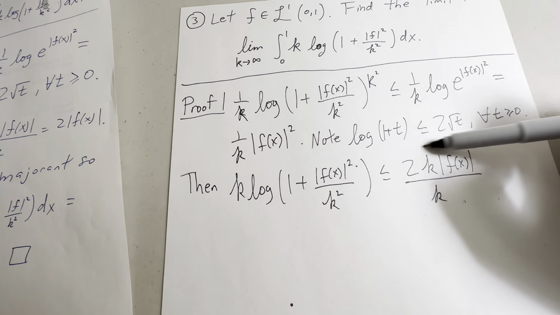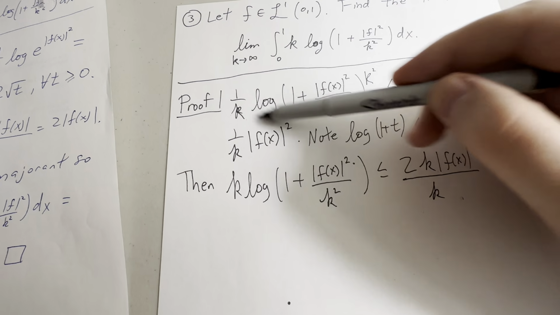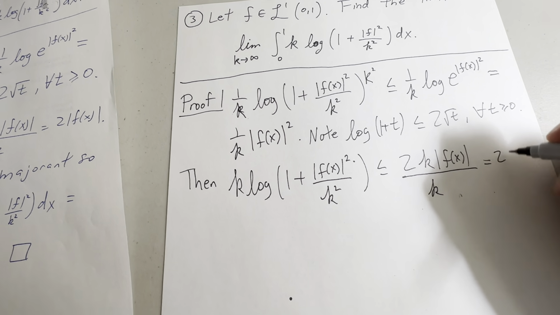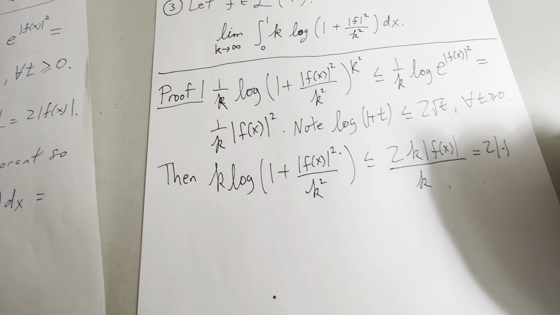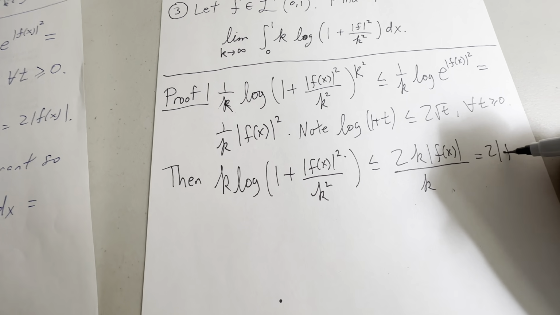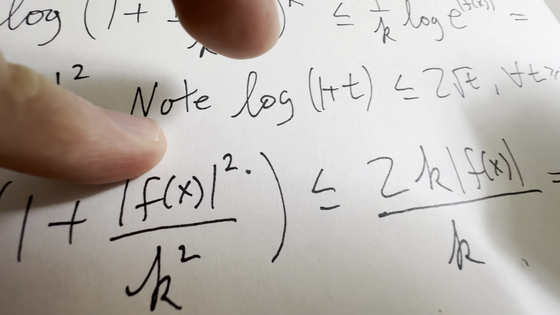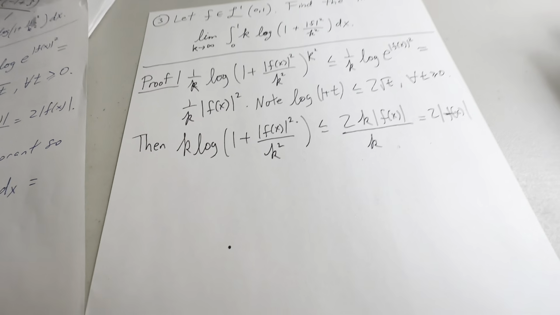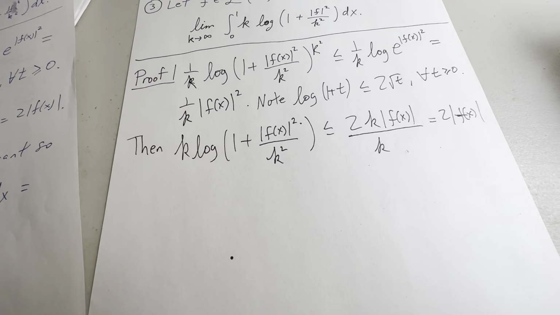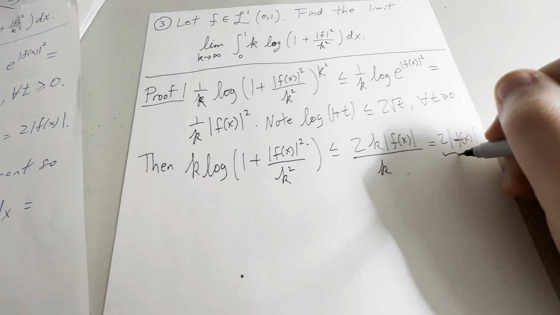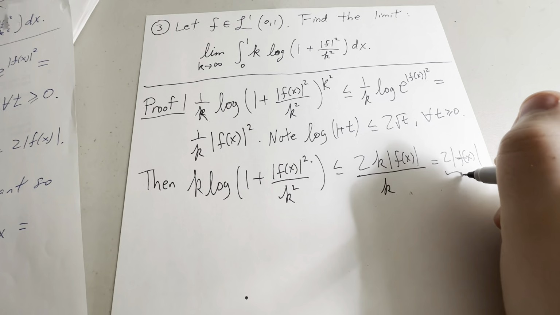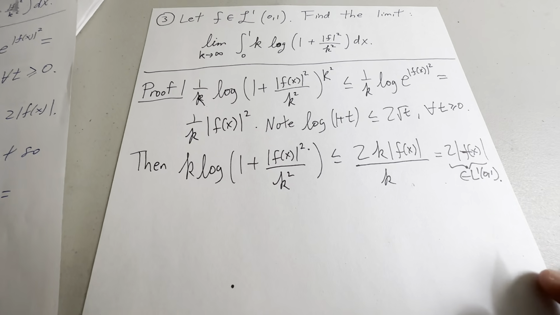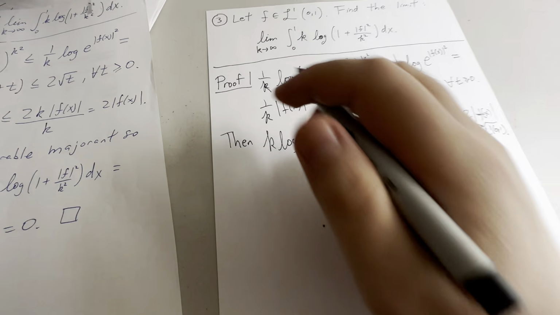So we're using this fact here and this fact up here to make this claim. And then the k's cancel, and we end up with 2 times the absolute value fx. And that's integrable. So because it's integrable, we can apply the dominated convergence theorem.